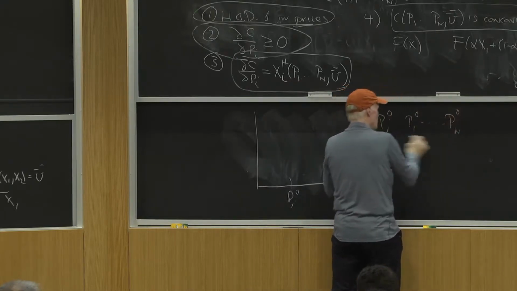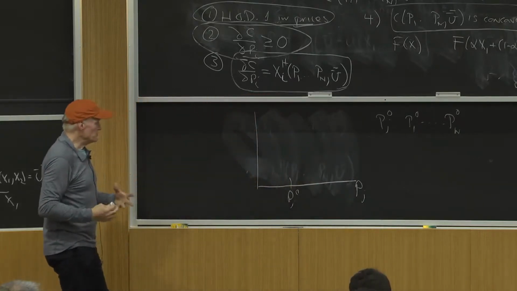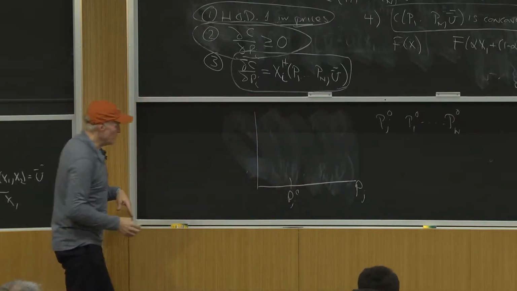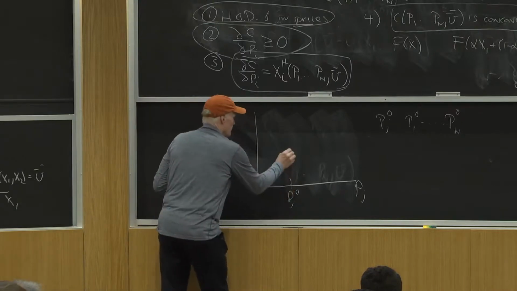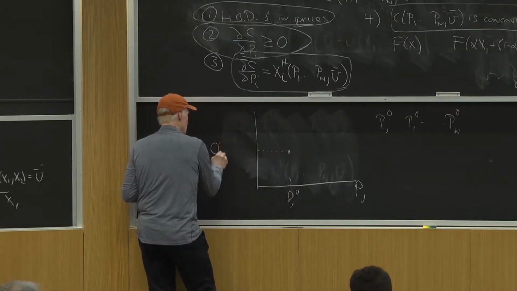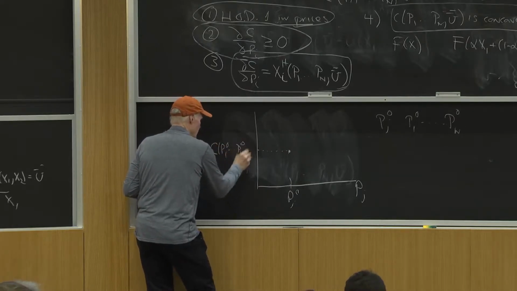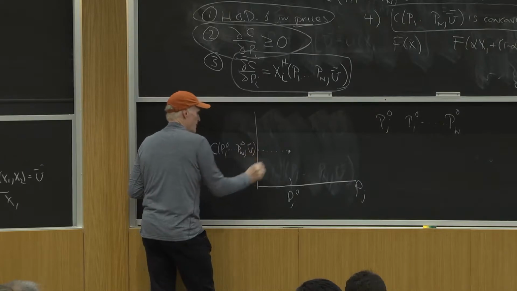All my prices have some initial number, and I assume I have some cost at that initial point. This is some cost minimizing point, C of P1 naught up to Pn naught, U bar. That's my cost.